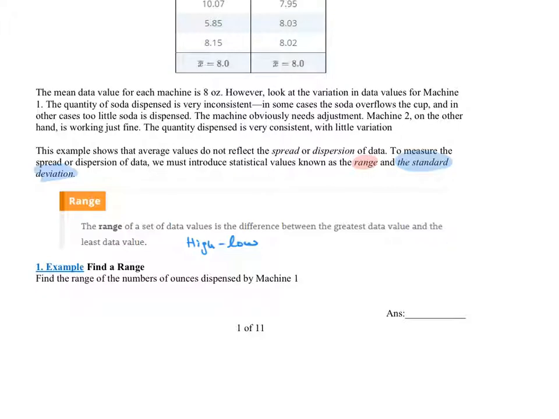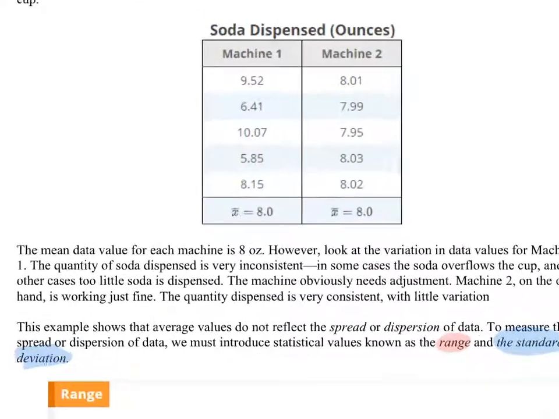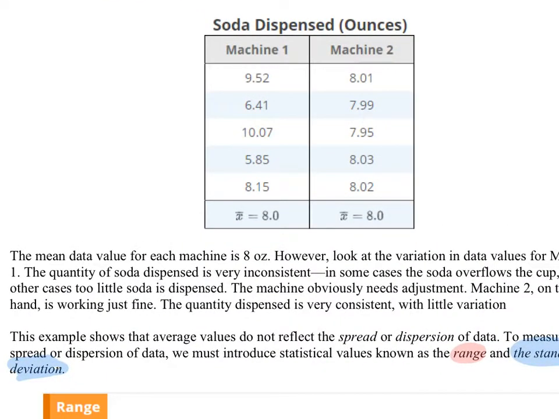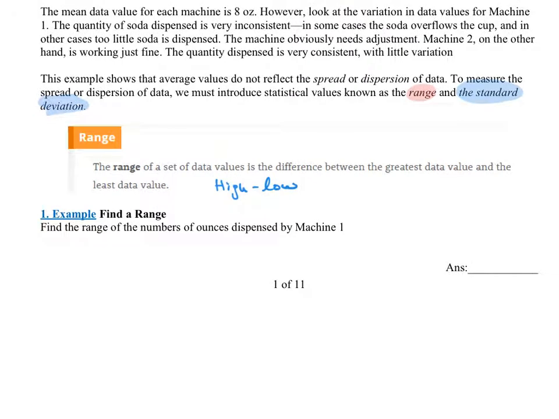Okay. So it says, example 1, find the range of the numbers of ounces dispensed by machine 1. So if we look at machine 1, what we need to determine is which one's the high. So if I'm looking here, it looks like the 10.07 is the high value. And I also need to know the low value, and that's about 5.85 is what I'm seeing as the low value. So I'm going to come in here into my paper, and I'm going to write those down.